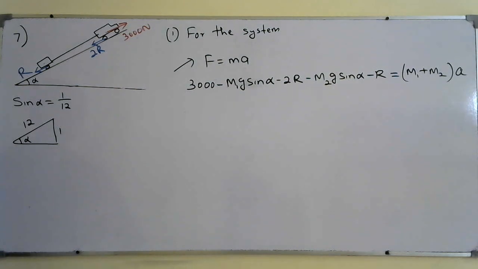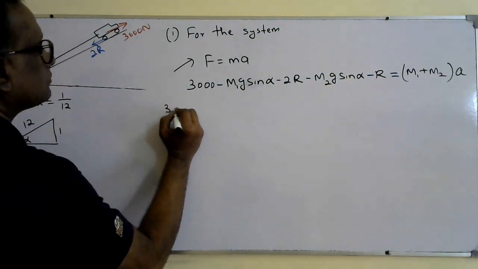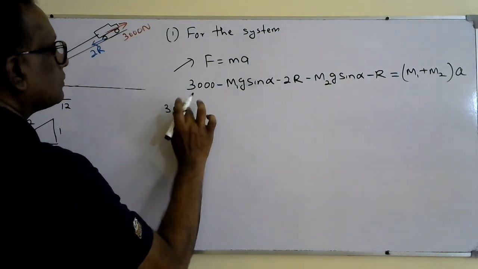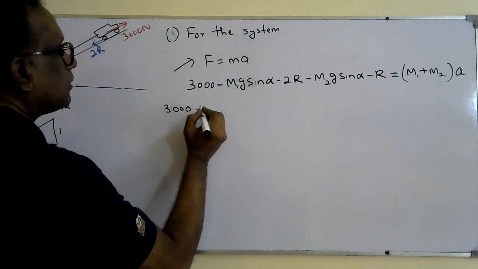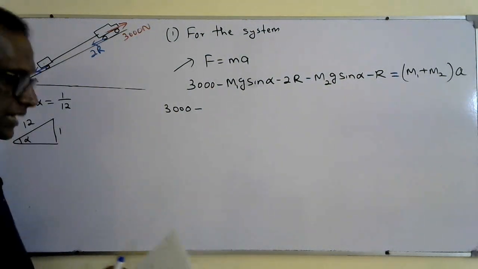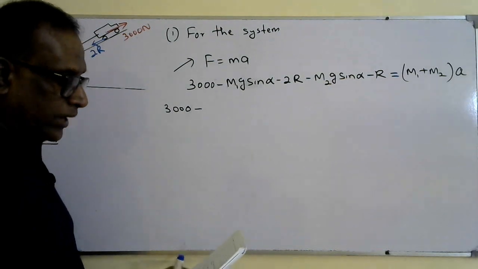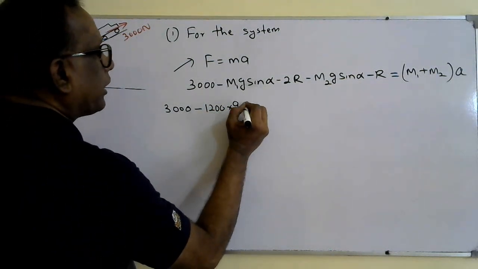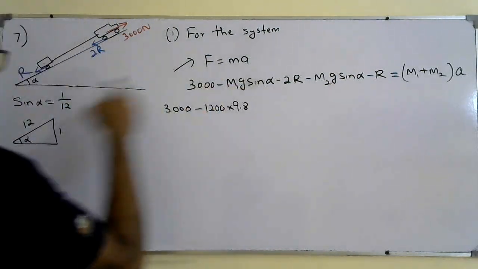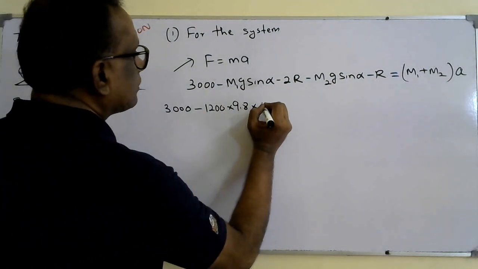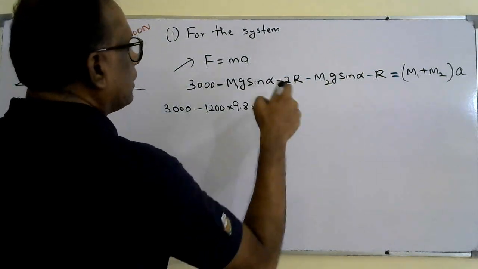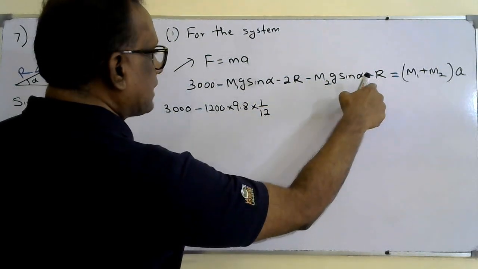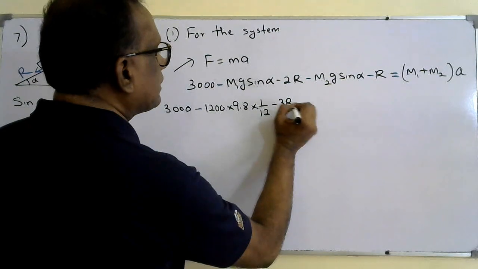Okay, so continue. This is 3000 minus m1. m1 is the mass of the car, which is 1200, into 9.8 sine alpha, 1/12, minus 2r minus r, so minus 3r.